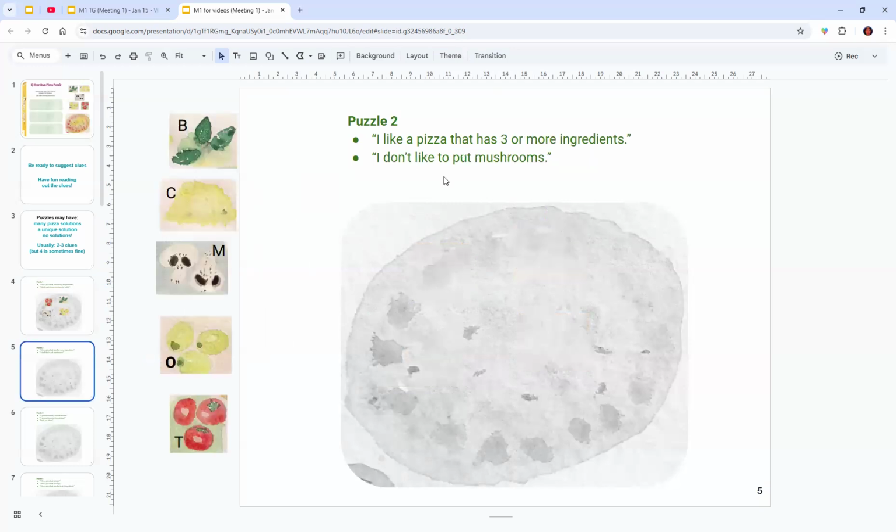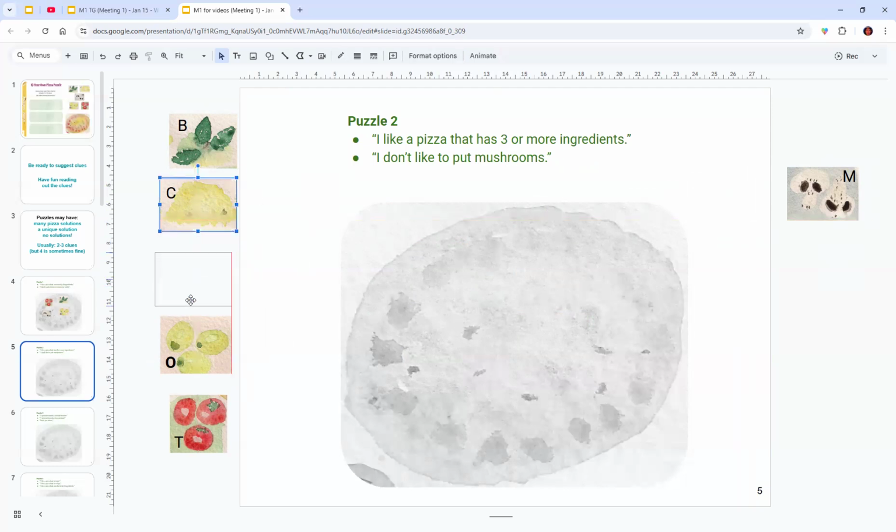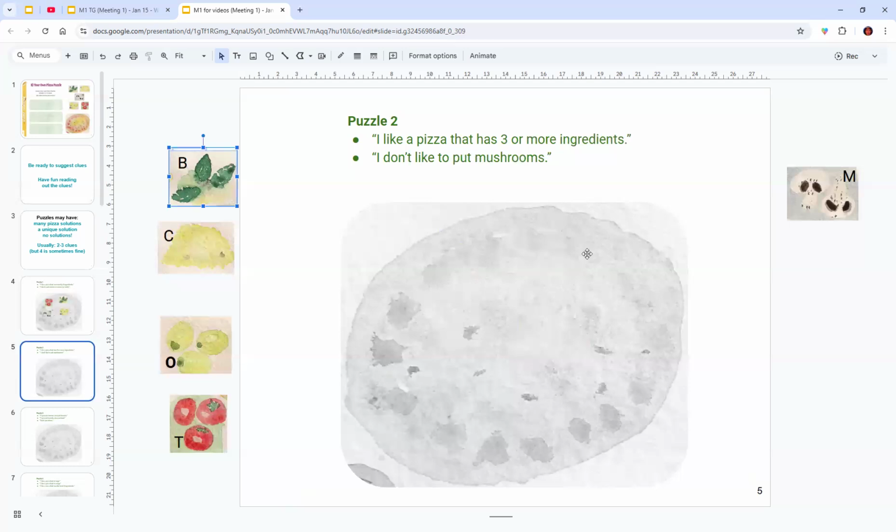Let's take a look at this one. I like a pizza that has 3 or more ingredients. Okay. And then I don't like to put mushrooms. So no mushrooms, so we can move it aside. And then 3 or more ingredients. Again, we have plenty of solutions because we have 3 or more. Very similar to the other puzzle, right? When you're just missing one ingredient apart from the mushrooms.